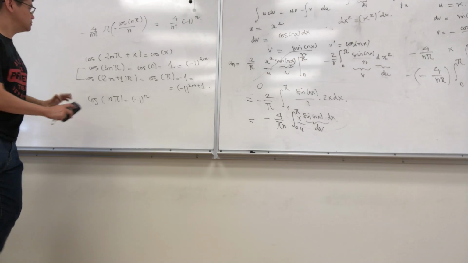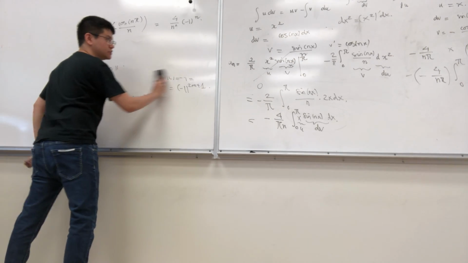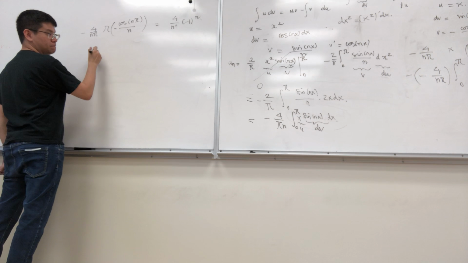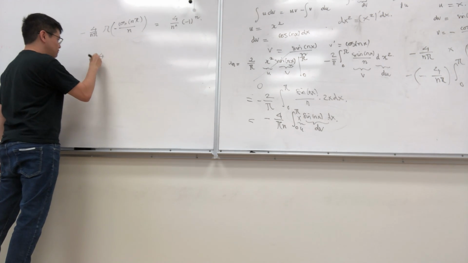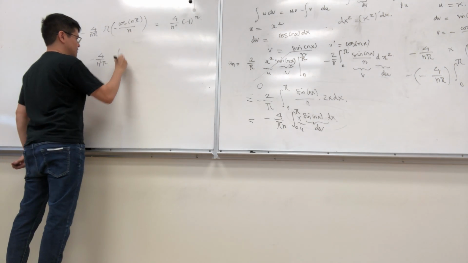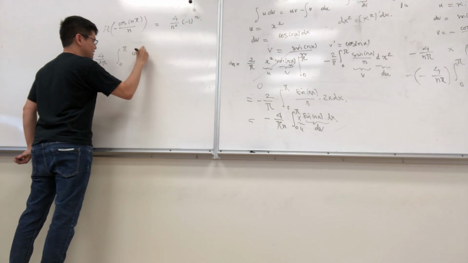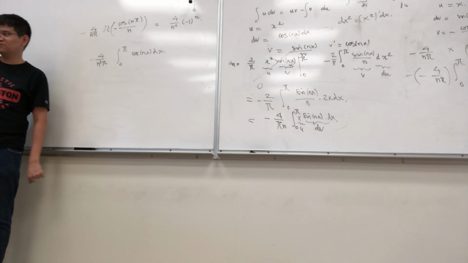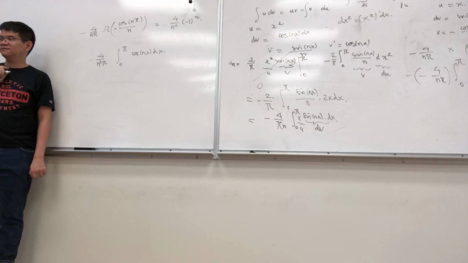And the second term, I'm going to have to do the second term. Right, the second term will be minus 4 over n squared pi times the integral of cosine n pi dx. So who knows what is it? Yes? And the whole thing is 0.